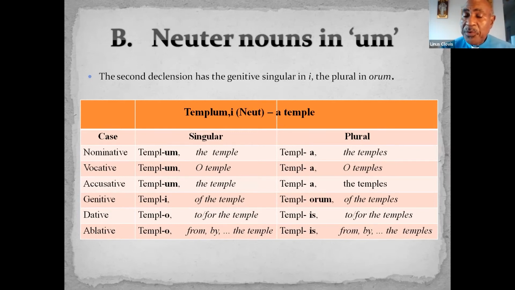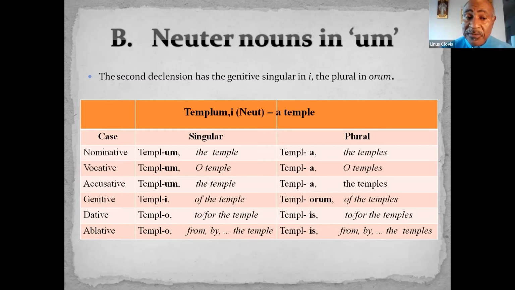But in the plural, for neuter nouns, the um is replaced by an a, so it's templa. The vocative is exactly the same. As I said earlier, it's only for the masculine second declensions that the vocative will change. So for the vocative we have exactly the same as the nominative. O temple, O temples, templum, templa.